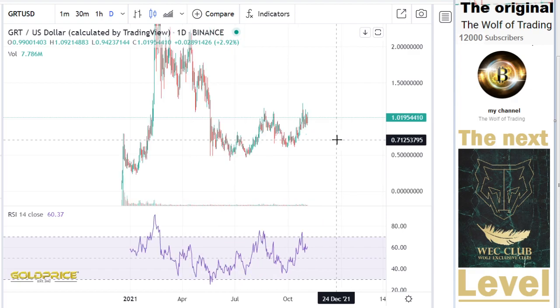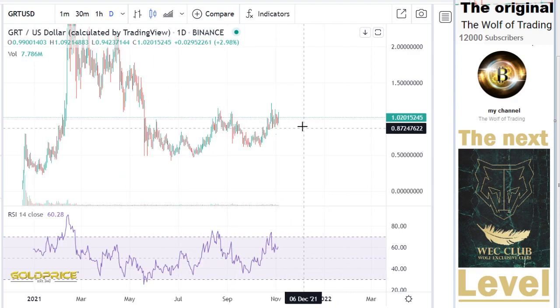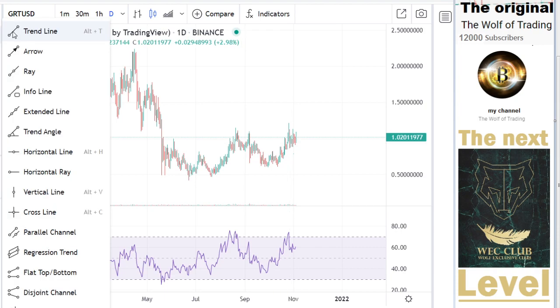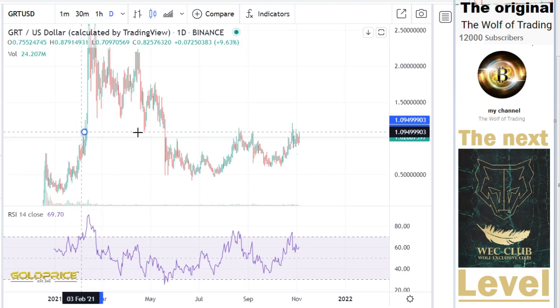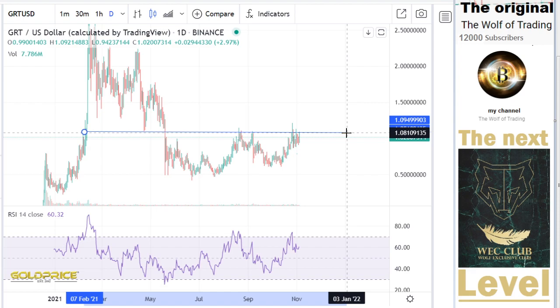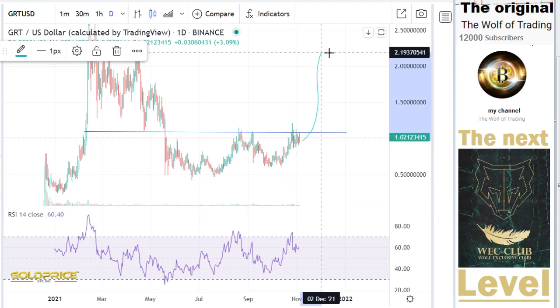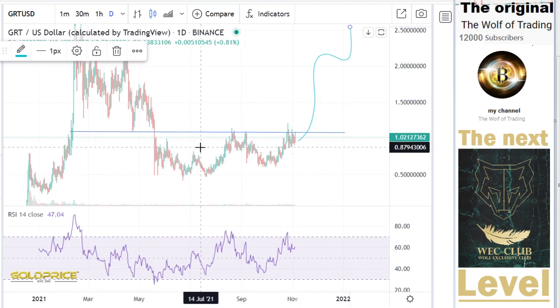At these three cryptos we had in the past the situation that they broke this resistance to the top side. And then you can see what we have here.